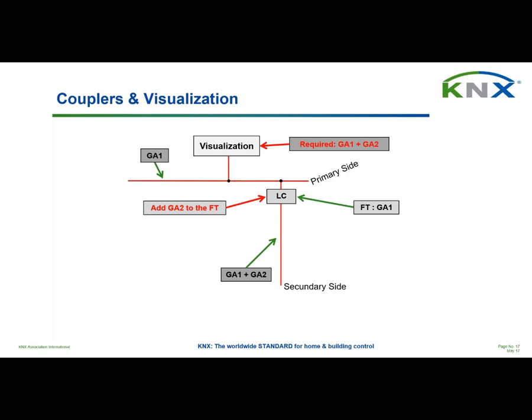The solution is to find another way to add this group address 2 to the filter table, and that is by using a so-called dummy device. What you do, not physically of course, but in the ETS project, is add a dummy device on the primary side. So in the backbone example given, you just add it there in the ETS project and link this group address 2 to one of its objects.